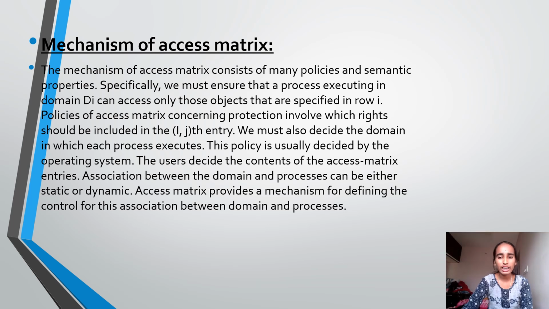We must also decide the domain in which each process executes. This policy is usually decided by the operating system. The users decide the content of the access matrix entries. The association between the domain and the process can be either static or dynamic. The access matrix provides a mechanism for defining the control for the association between the domain and the processes.